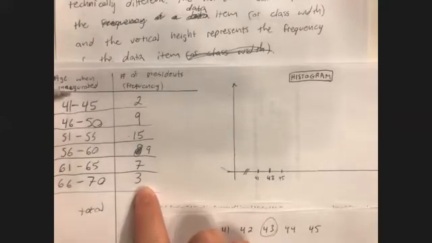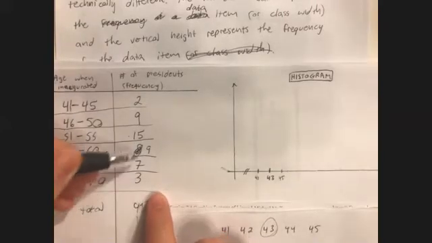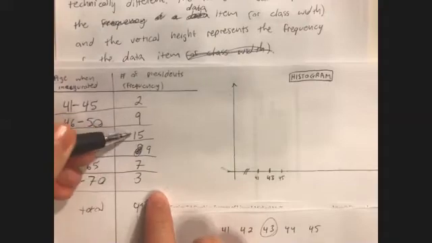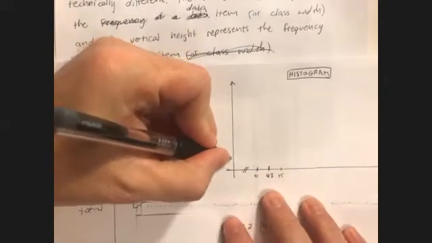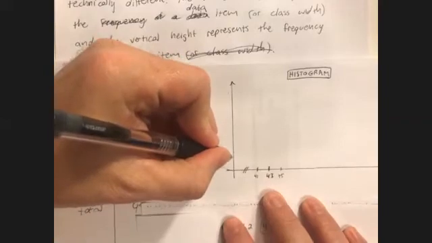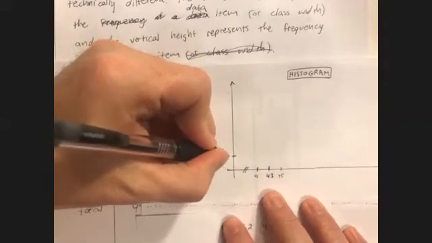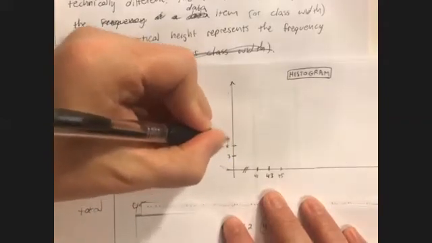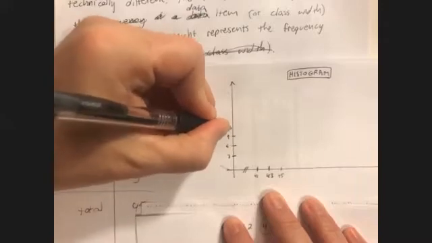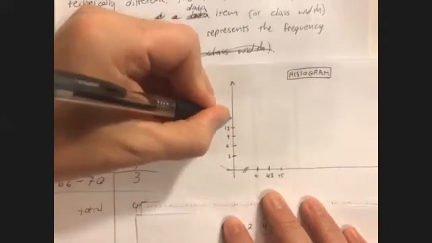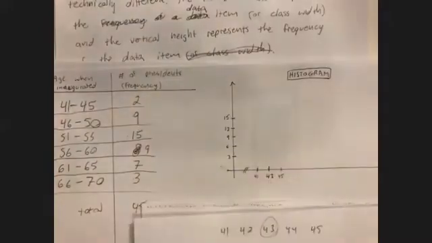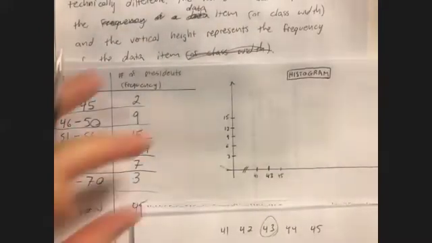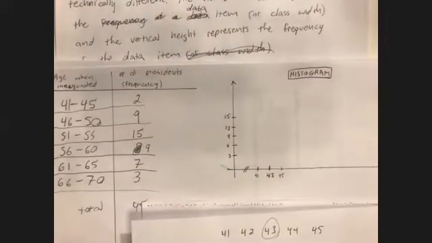It doesn't matter. But notice I got 3 and 9, 9, 15. So these numbers are pretty nice. So I do 3, 6, 9, 12, 15. I could have even spread it out more because I have more real estate there.